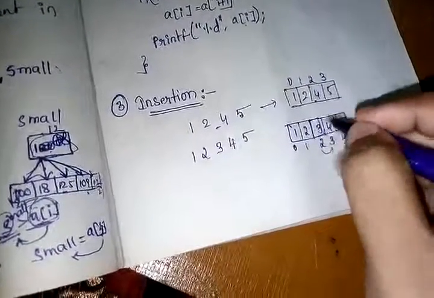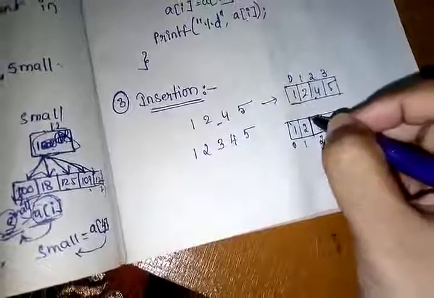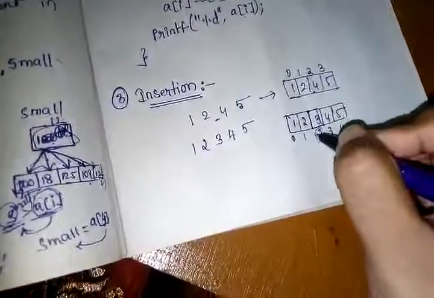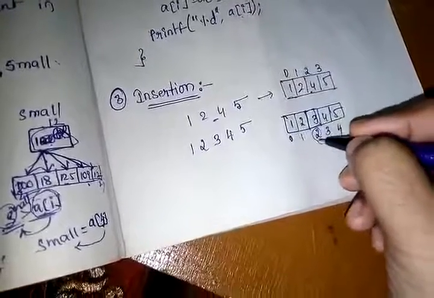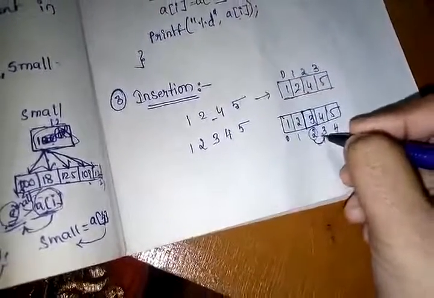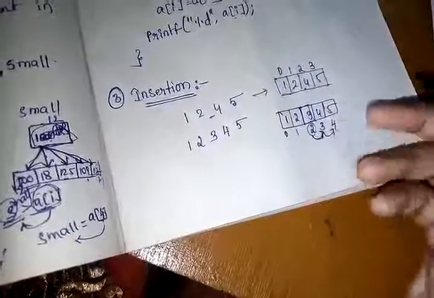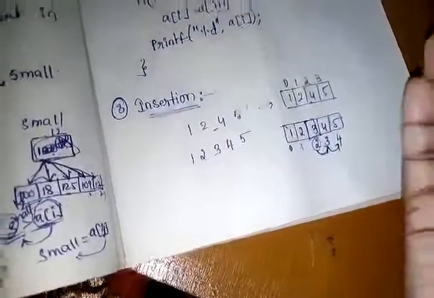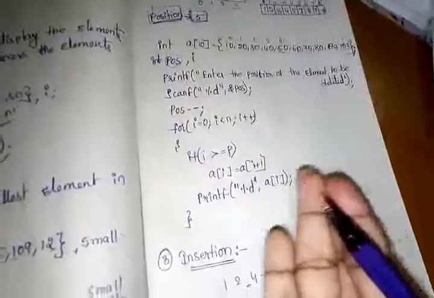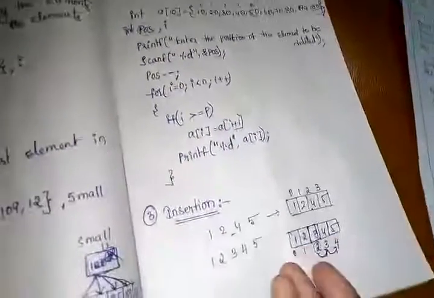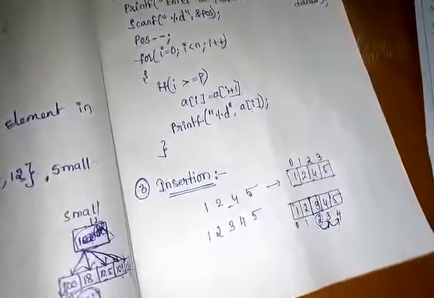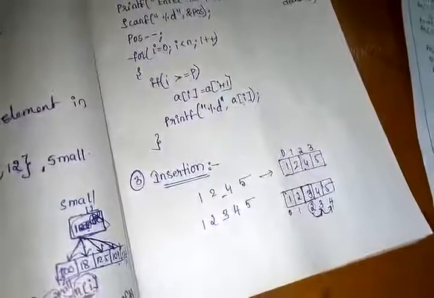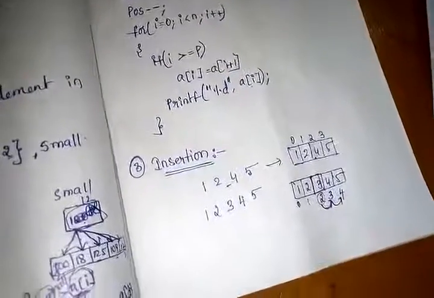So to insert an element, you need to take the position where you want to insert, and then move the elements from there one position to the next index. In deletion we are moving elements to the previous index, whereas here we are moving them to the next index. So let us see how we will write a program to insert an element into an array.